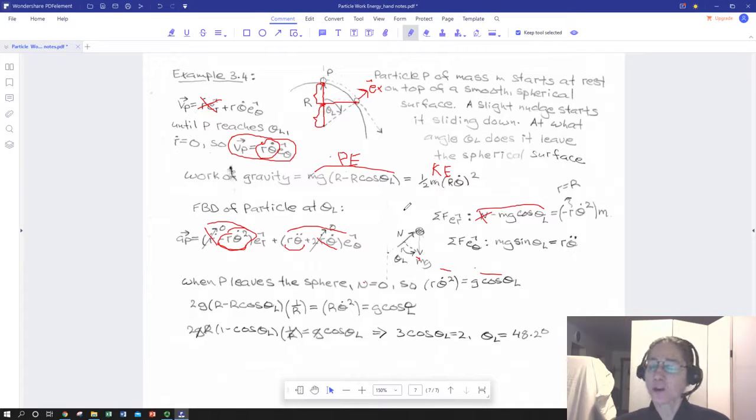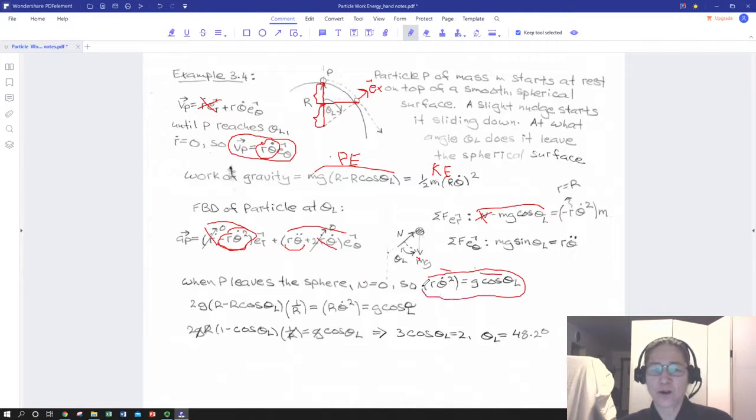So now we're going to re-invoke our work energy, because we've got a great expression for the position that corresponds to when we depart. We've said, okay, we've let the particle leave the sphere by invoking n equals 0, and so great, the angle is given by this expression.